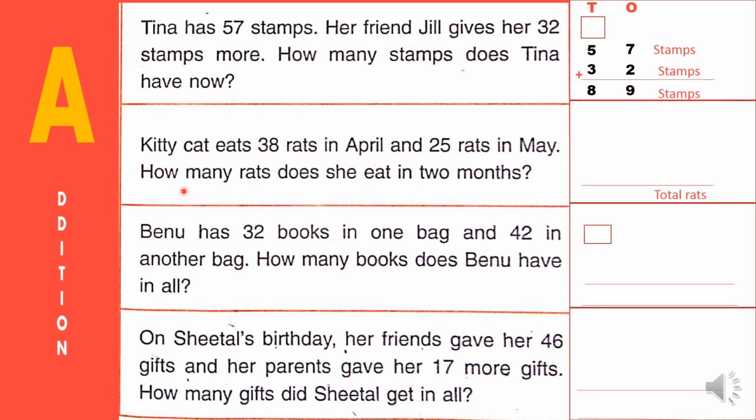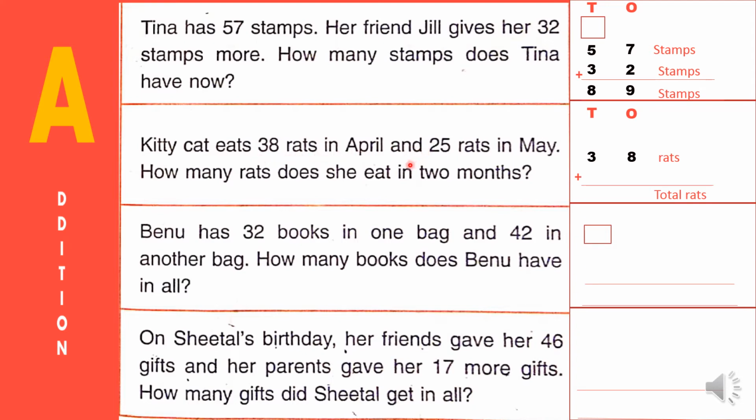How many rats does she eat in 2 months? How many total rats did she eat in 2 months? So first we have to write like this, tens, ones. How many rats does kitty cat eat in the April month? 38 rats.